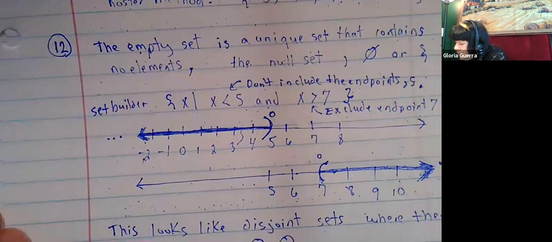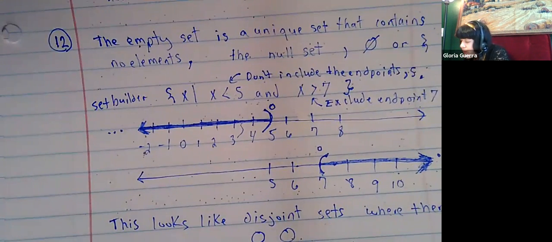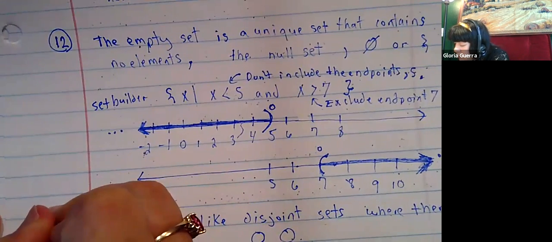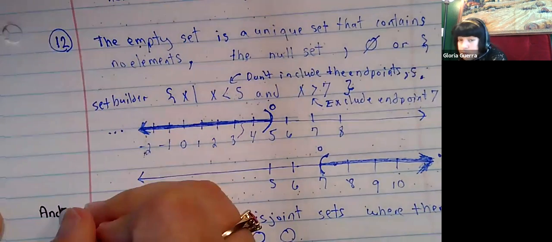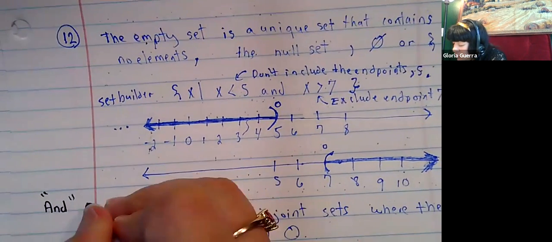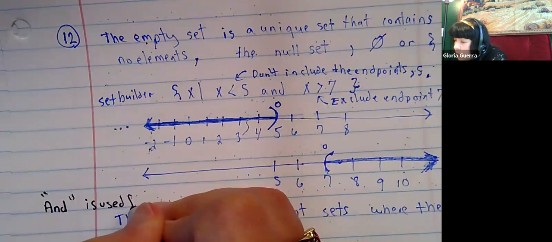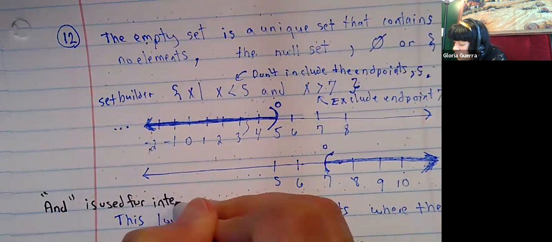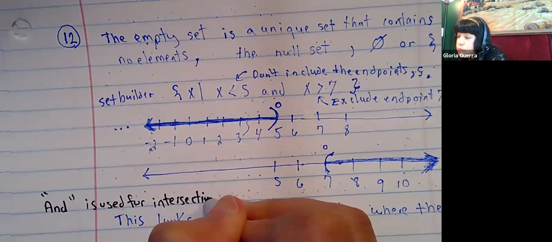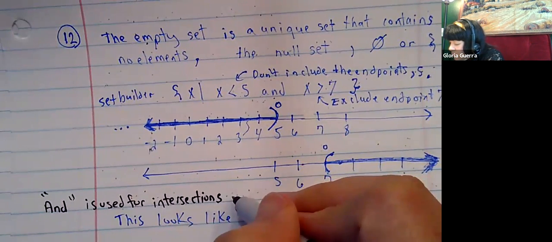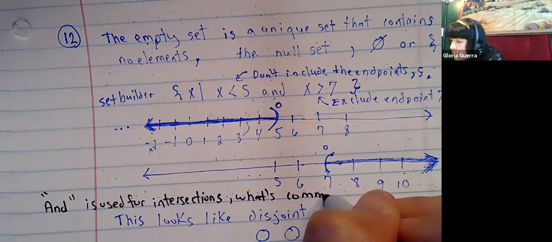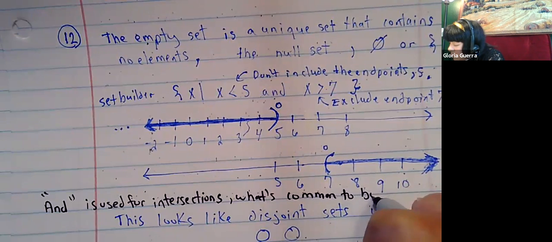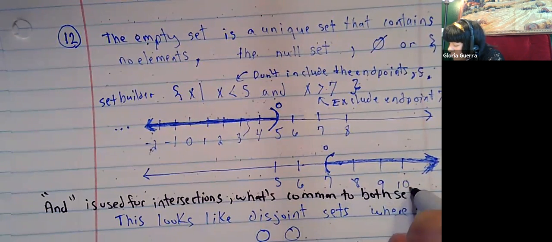That and is powerful, so let me write that down here. And is used for intersections. So what's common to both sets? That's what we need.